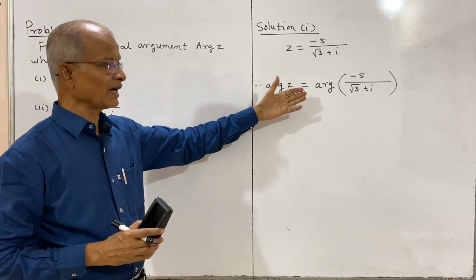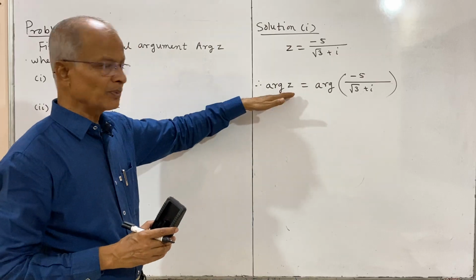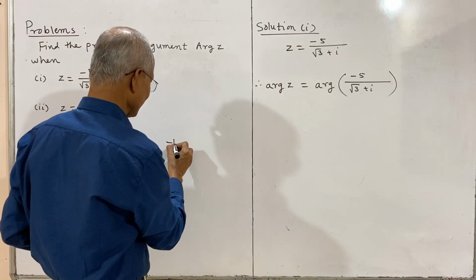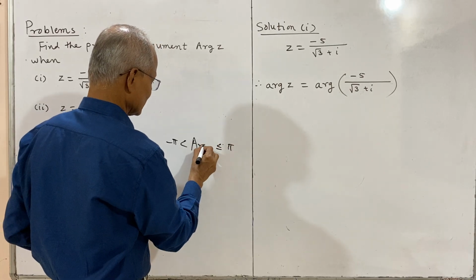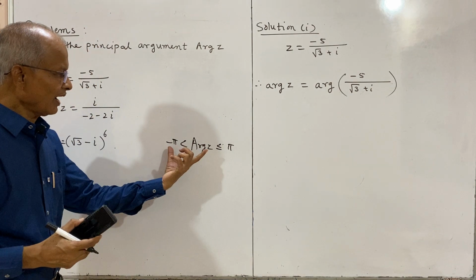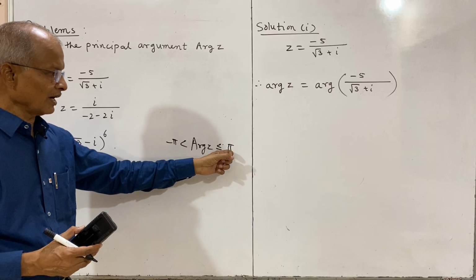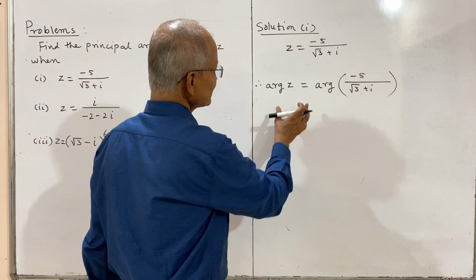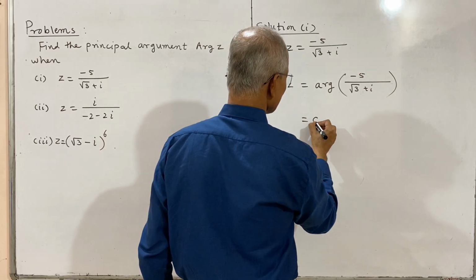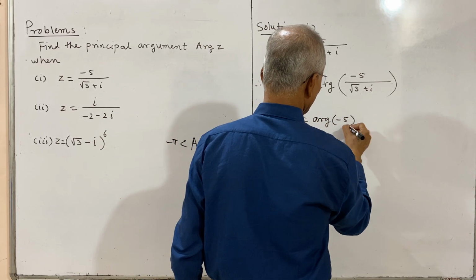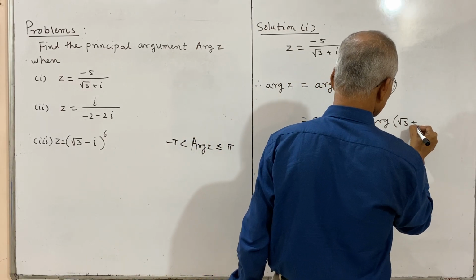Argument z has infinitely many values which differ by integer multiples of 2 pi, and the principal argument is that value which lies between -pi and pi, that is Arg z. So we shall find that value which is strictly greater than -pi and less than or equal to pi. First we use the result for the argument of a quotient: argument of -5 in the numerator minus argument of the denominator, that is root 3 plus i.